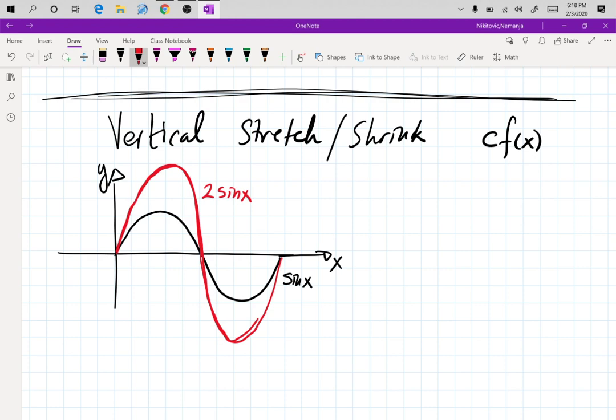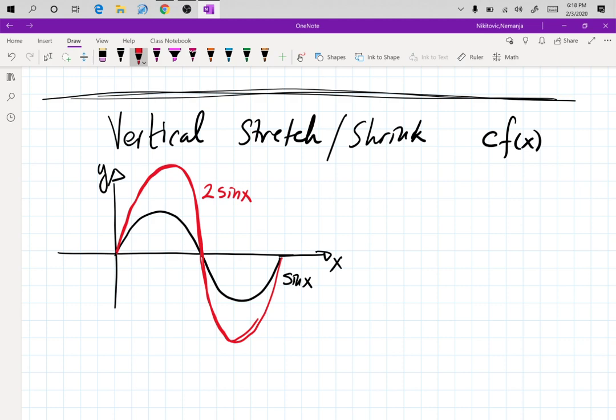You know the sea waves, and you throw a pebble in a pond or a brick in a pond, right? Or you jump into a pond. If you cut the water on the side and you look at the wave, depending whether you tossed a pebble or a brick, you're going to have a black or a red line.